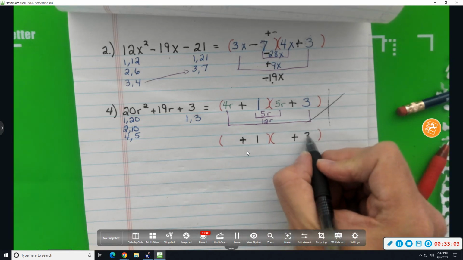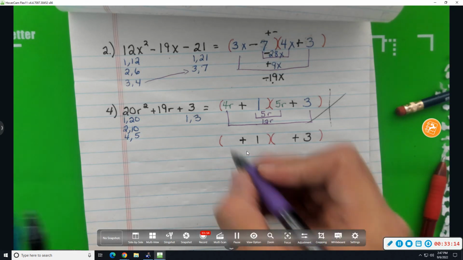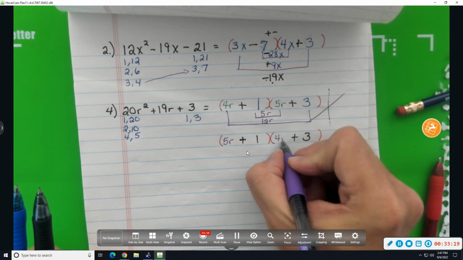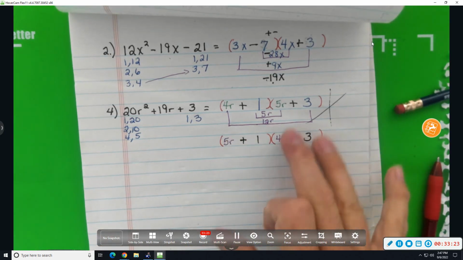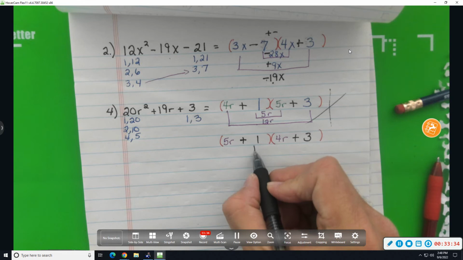1 and 3. Well, let's try reversing the 5 and the 4. Let's put the 5R here and the 4R there. Notice, none of these had any common factors. Now, have I made it work out? If I look at the outer and inner, what am I going to have here?